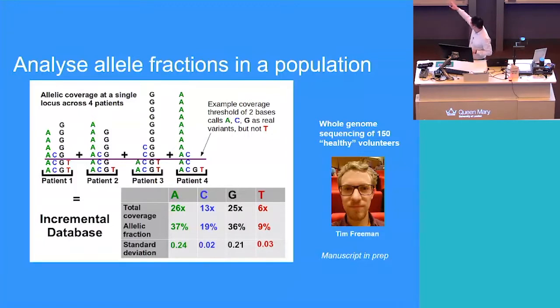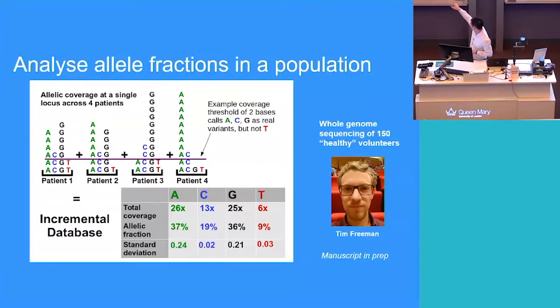But if it was a consistently low allele fraction, like the example of a C, you would get a low allele fraction, but also a low standard deviation. So this is the case we're trying to pick up. Without looking at each individual patient, just from the summary statistics, we're trying to assess which variant alleles are consistently called at a low allele fraction, similar to the C case.